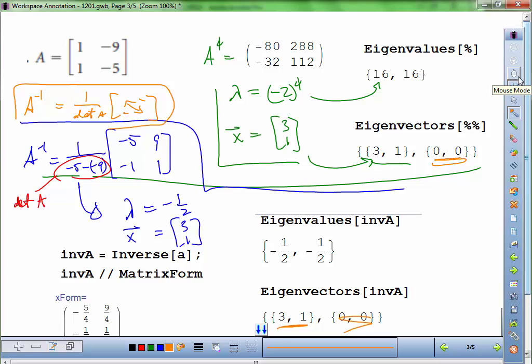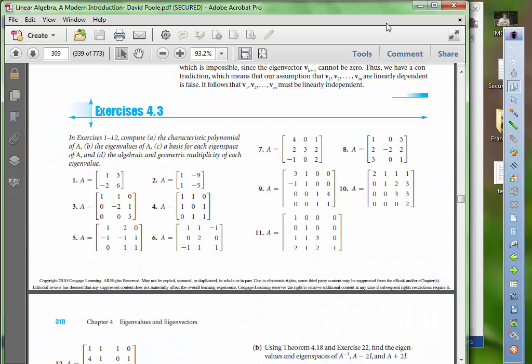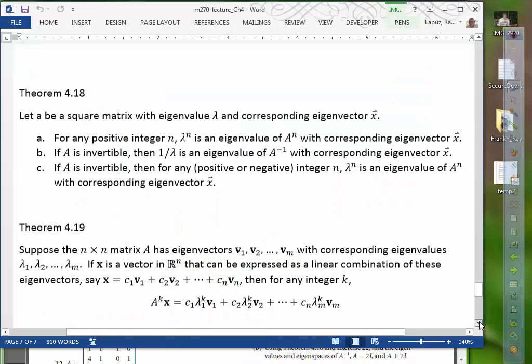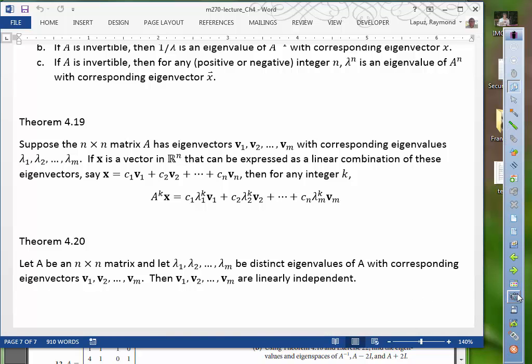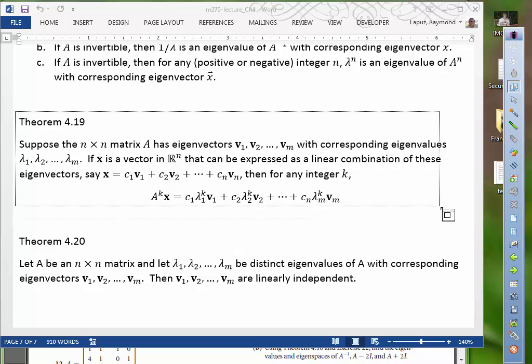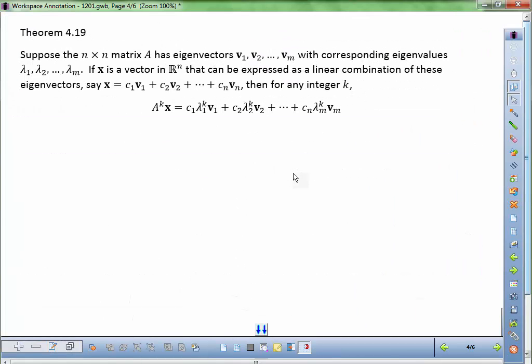All right. So now let's take a look at the last two theorems in this section. They basically just continue to talk about matrices raised to powers and stuff like that. Let's start with this one.